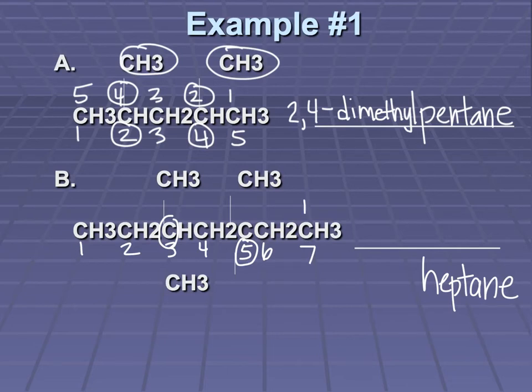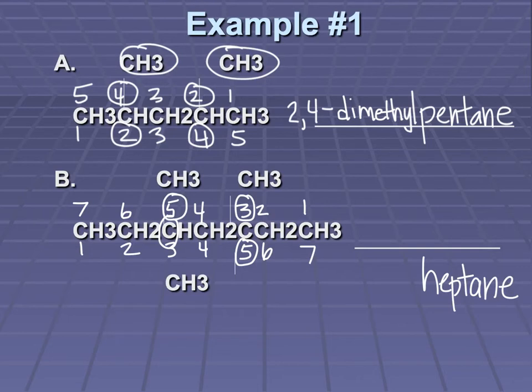Or we can go in the other way. 1, 2, 3, 4, 5, 6, 7. Okay, so if we count in that direction, then 2 of the branches come off of 3, and then only 1 branch comes off of 5.